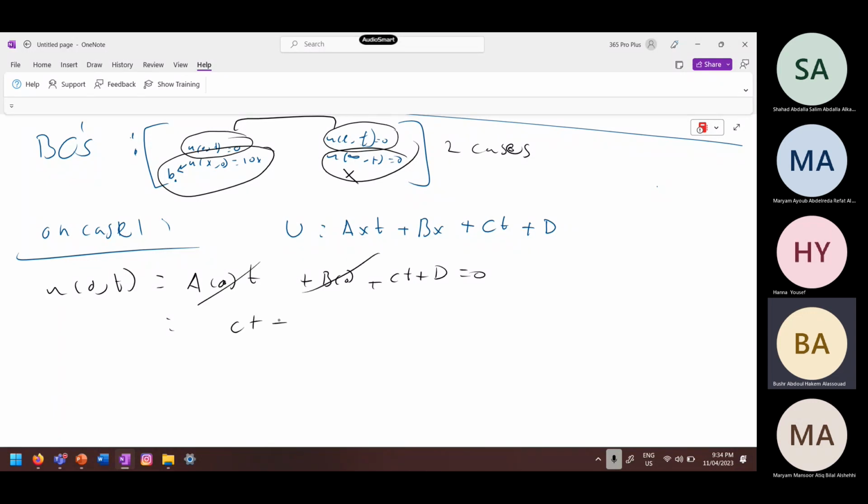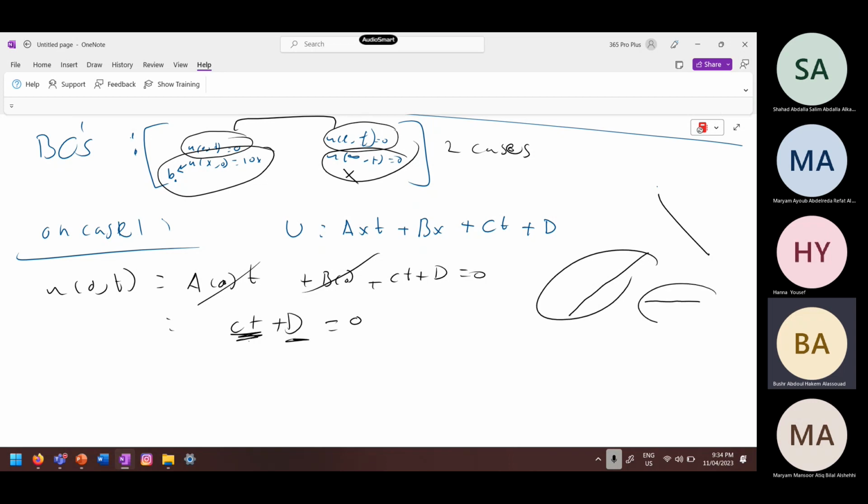So you have Ct plus D. Okay, does this make sense to you? Ct plus D is equal to 0. The only way for this is a linear equation. This is just a constant. This Ct is just an equation that has this form. See, it's just a linear one. As for D, it's just a constant.